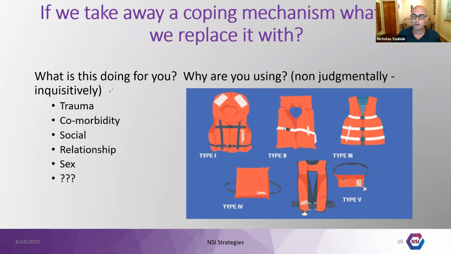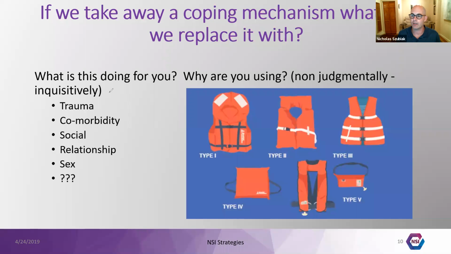If we look at substance use as a coping mechanism, we have to think about how we are going to replace it. What can we do to replace what that substance is doing for the person? So we have to ask the question in a curious way. This is not judgmental, it's inquisitive. What is this doing for you?